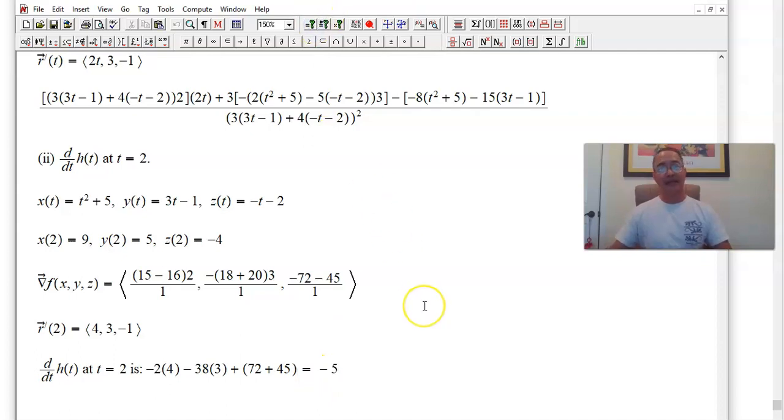Final answer, that one. That's definitely a lot better than going in here and plugging in 2 everywhere. That's not going to be very efficient.